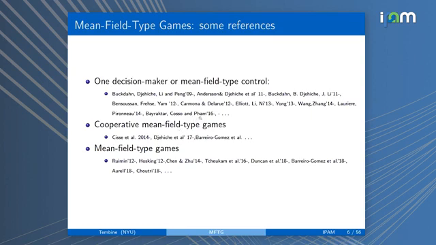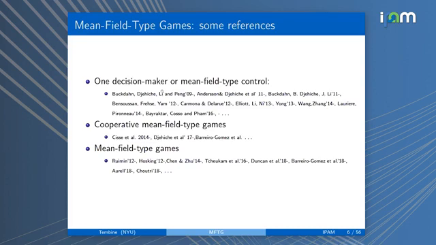So this is a huge literature, and it is somehow giving social costs. When you optimize social cost in mean-field games, you start moving in this direction. That's the connection between mean-field games and mean-field control.